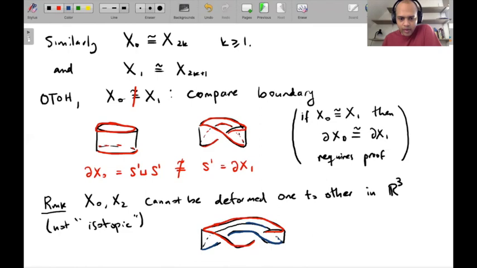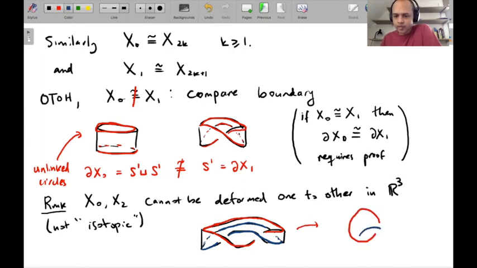But the way those circles sit inside of R3 is interesting. So here the boundary is unlinked circles. And here we have linked circles. So the picture is like this. This is a non-trivial link.